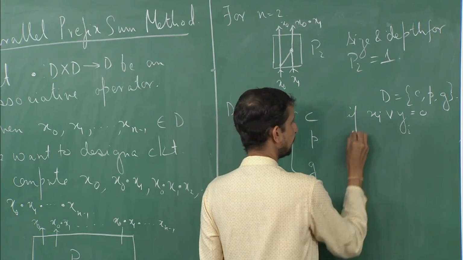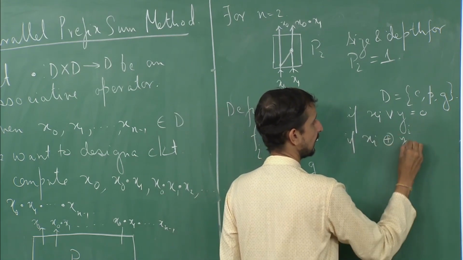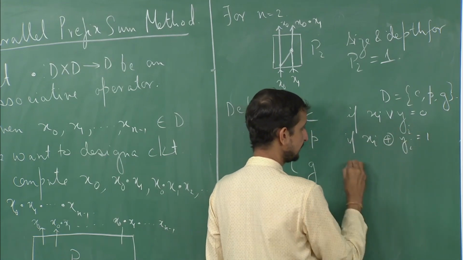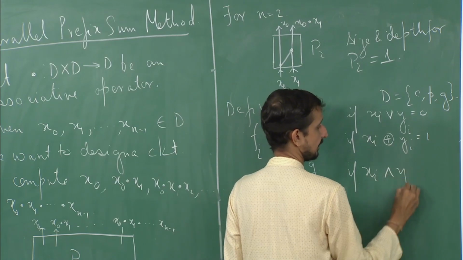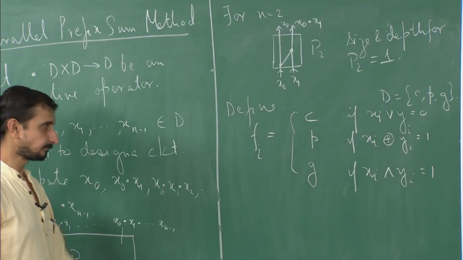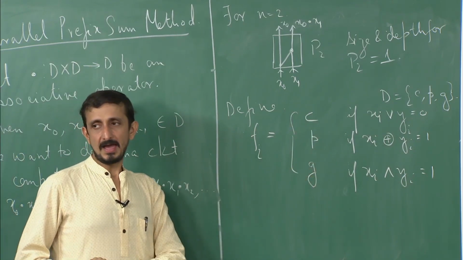It will be equal to P if xi parity yi equal to 1, and it will be equal to G if xi and yi equals 1. The same definition as before, but this is what we have.